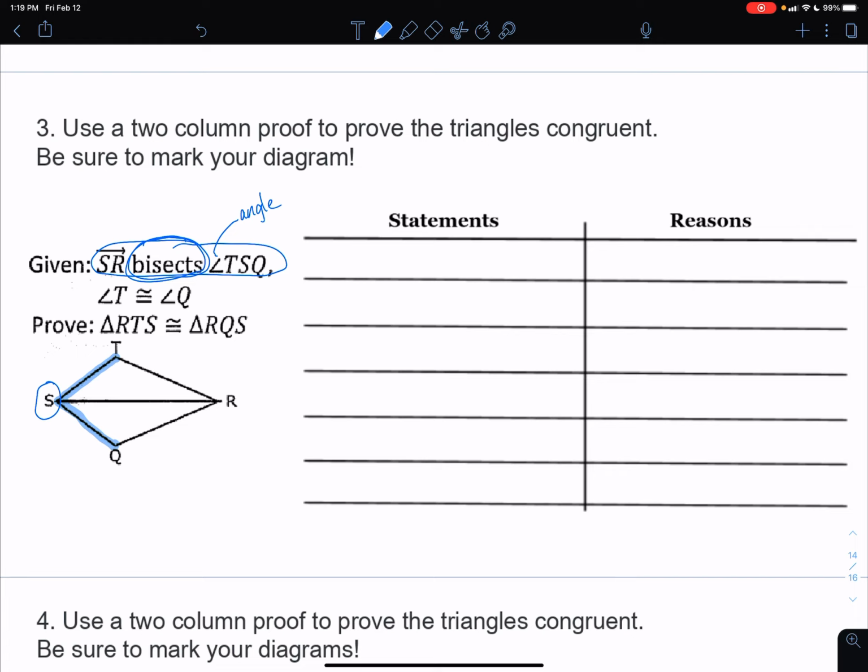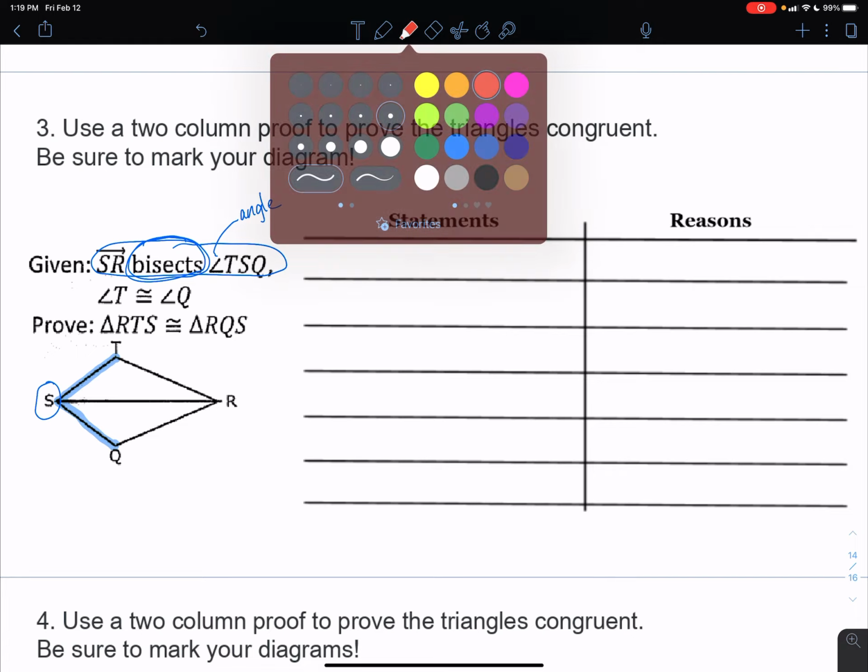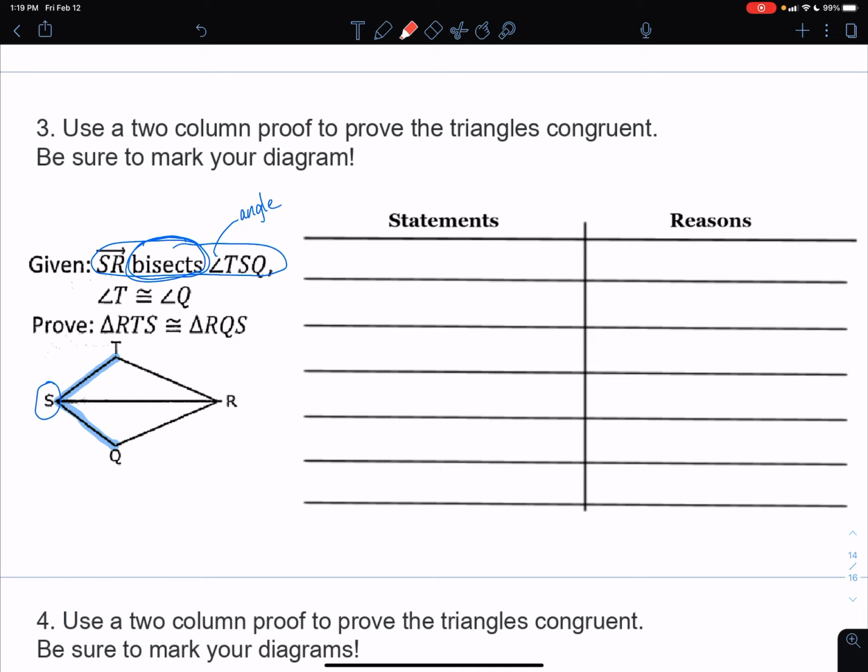But then it says line SR bisects that. So let's highlight SR. So from S to R, that's what it's doing. And so bisect, remember, means cut in half. And so let's write that down real quick. Cut in half. And so essentially in this problem, what it's telling us is our red line is cutting our big blue angle in half.